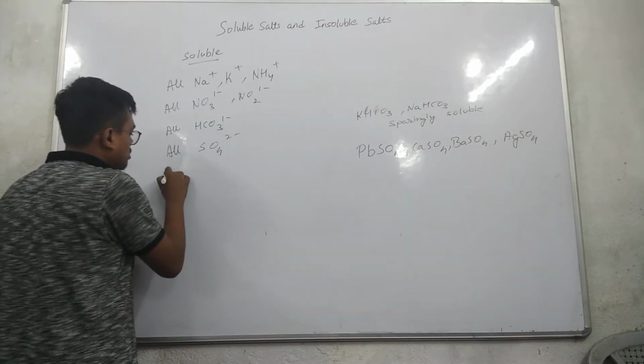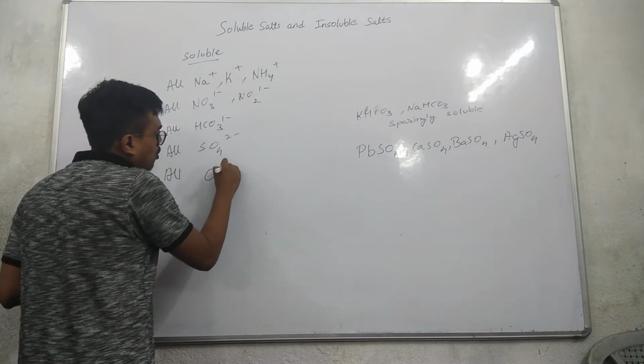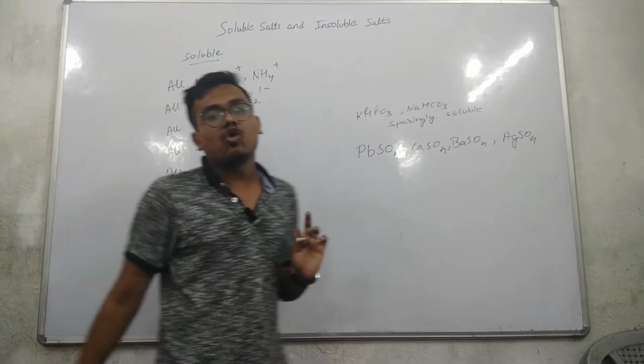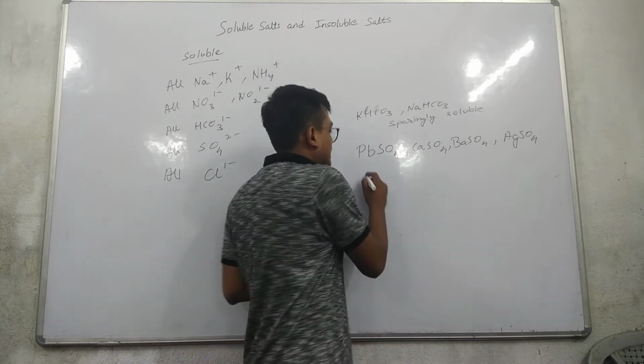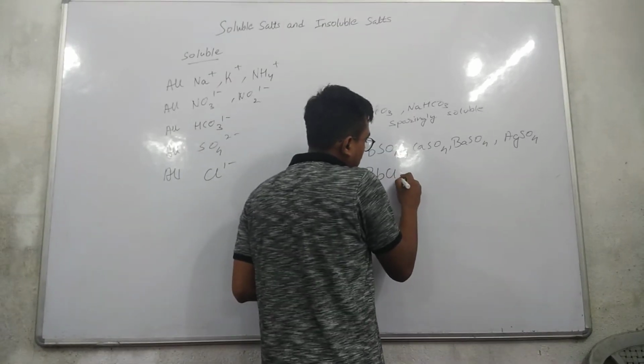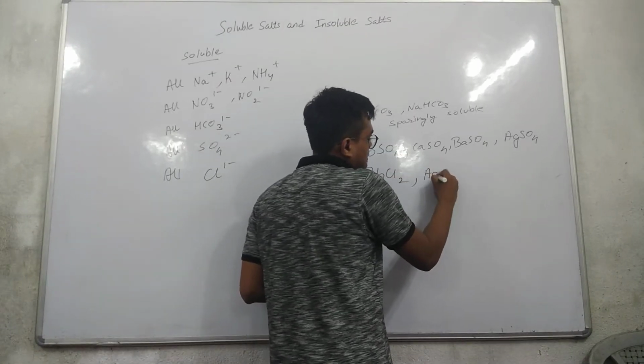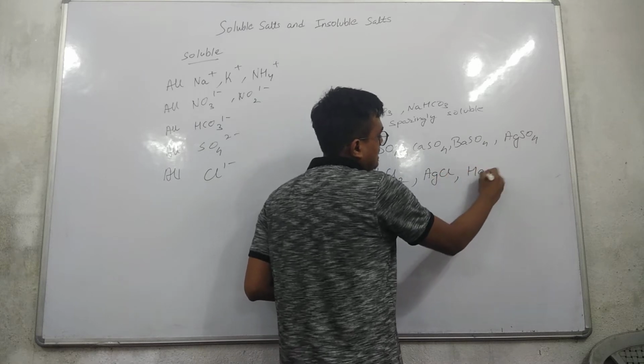Next is all chlorides. All chlorides are soluble. There are exceptions: PbCl2, AgCl and HgCl.